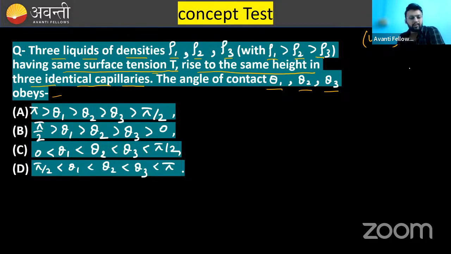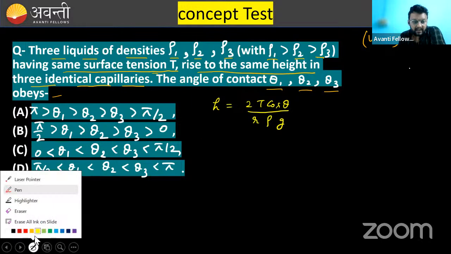So they are talking about capillary rise, and the height of the rise is the same. What is the formula for the height of rise in the capillary tube? h equals 2T cos theta divided by r rho g. Clear? Now identify the things which are the same for all three liquids.